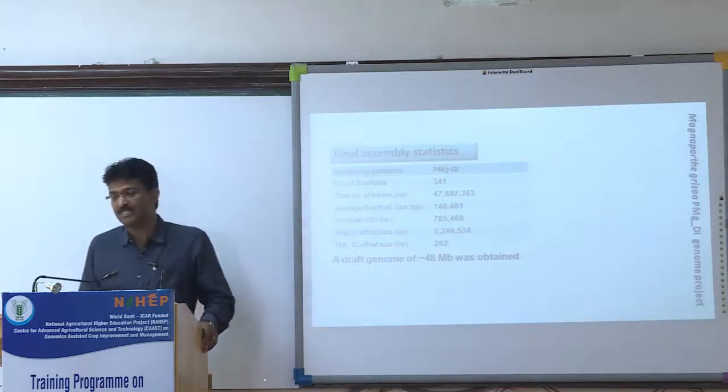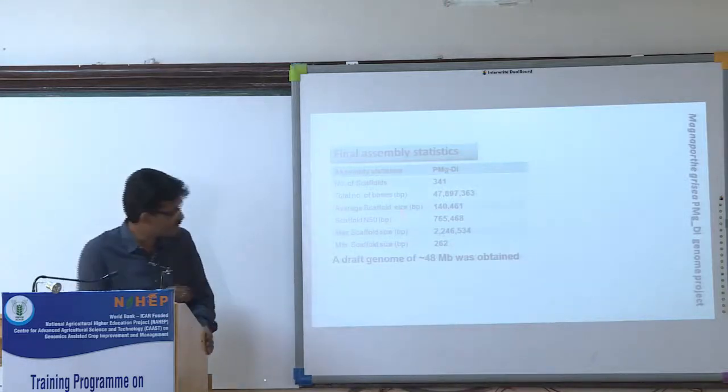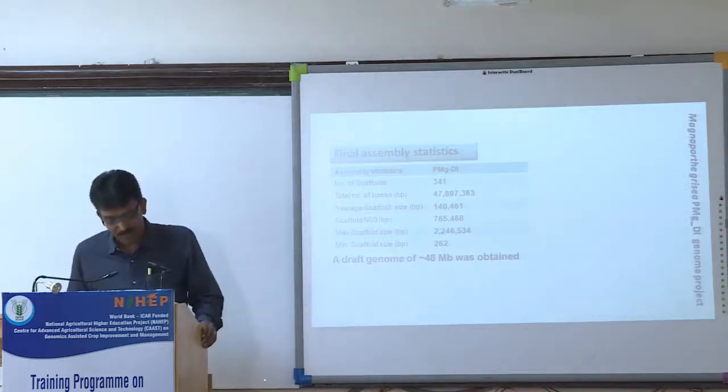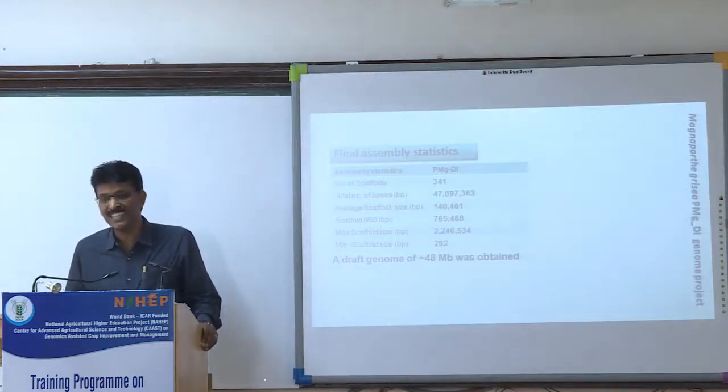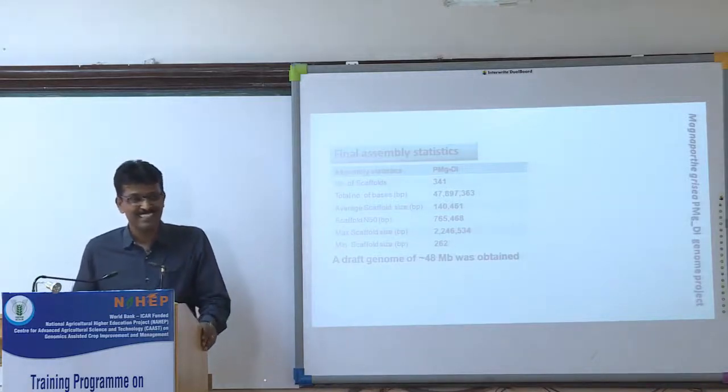Here comes the big difference. In the previous genome, it was 996 contigs, but just look here, we could assemble the genome in 341 scaffolds, right. Genome size is around 48 MB, right.